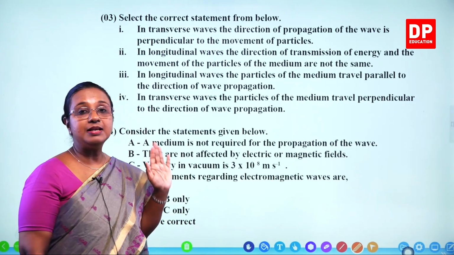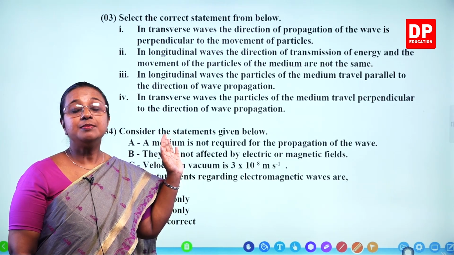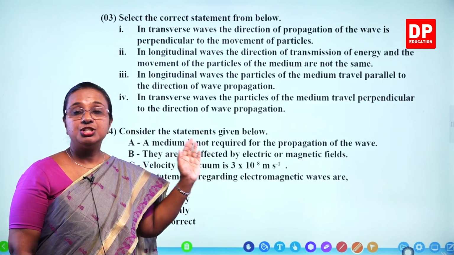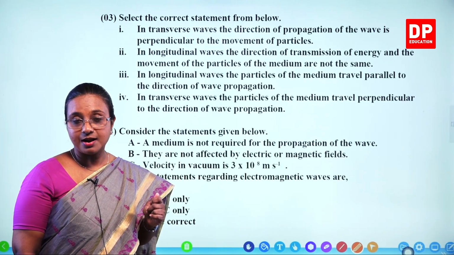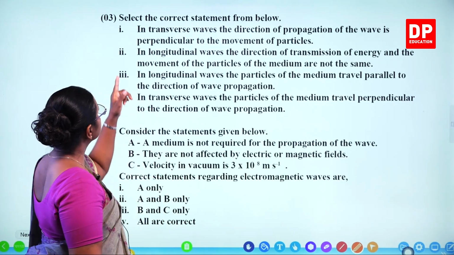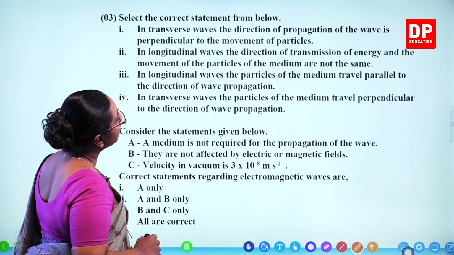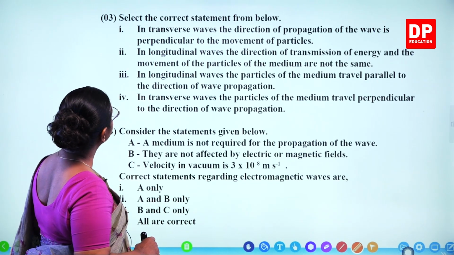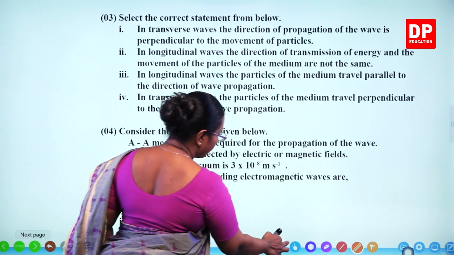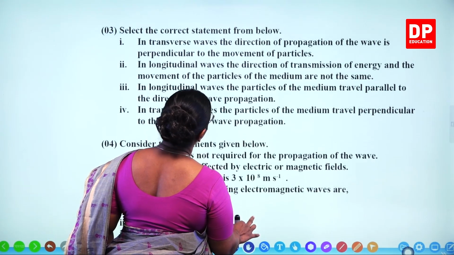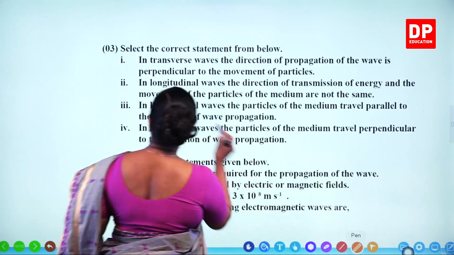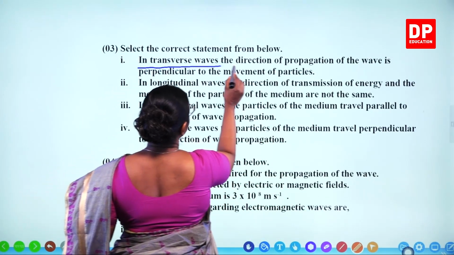So that doesn't happen in any of the mechanical waves, longitudinal nor transverse waves. So here the correct statement is, in transverse waves, the direction of propagation of the wave is perpendicular to the movement of particles. So that is the correct answer, the first one.